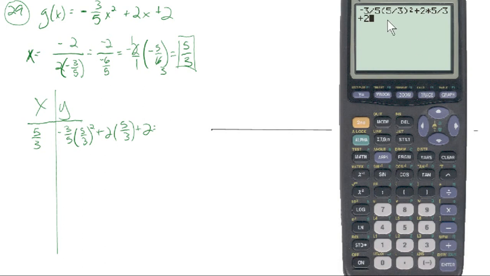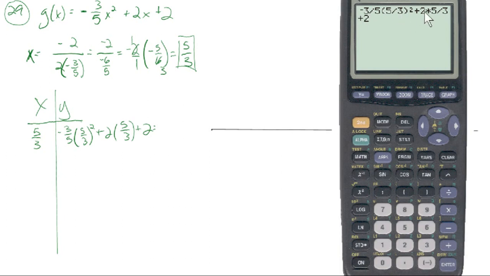I'm always thinking about this as I put stuff in my calculator that it's going to follow very strictly the order of operations. If you know PEMDAS, it's going to follow that very strictly. Okay, so first it's going to take this negative 3 divided by 5 and get that answer. And then it's going to multiply it by what you get here in the parentheses, except you need to do exponents first. So it's going to take 5/3 and square it, then multiply it by this fraction. That's exactly what we want.